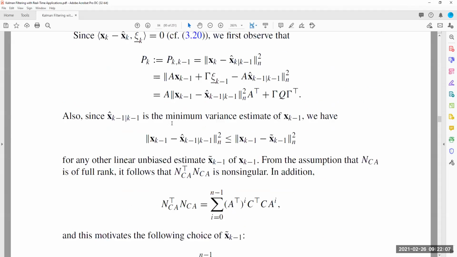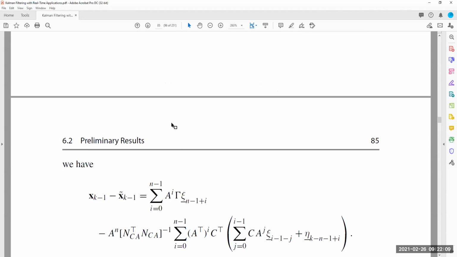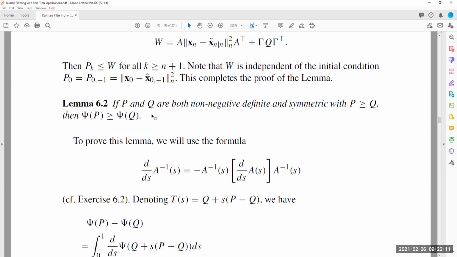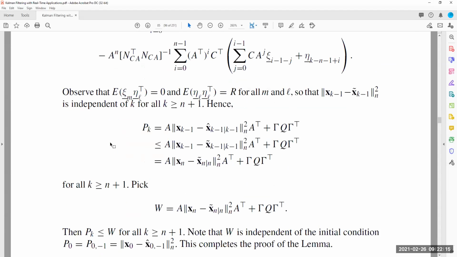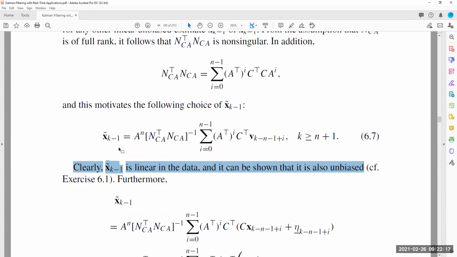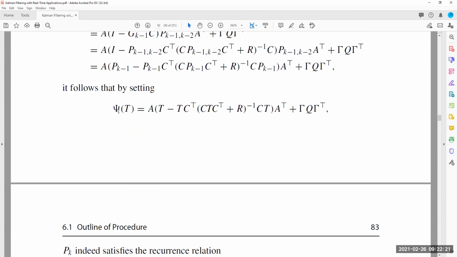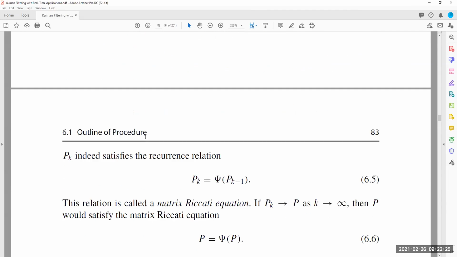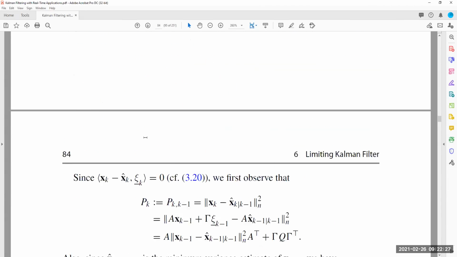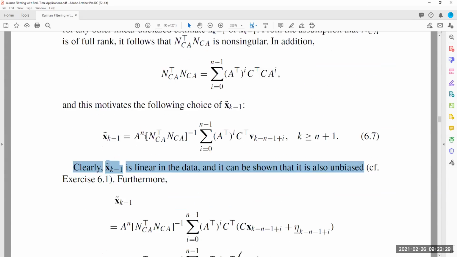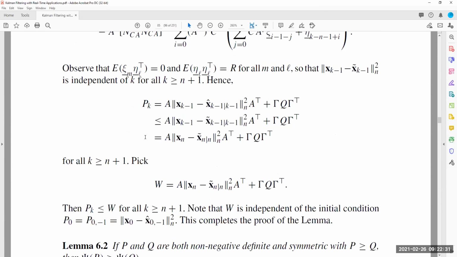Okay. Then we have this lemma 2. So lemma 2 tells us, if you consider this phi, the definition of phi is here, if you consider this phi as a function of a matrix, then this function is monotonically increasing.